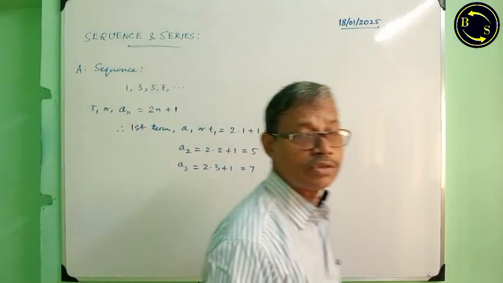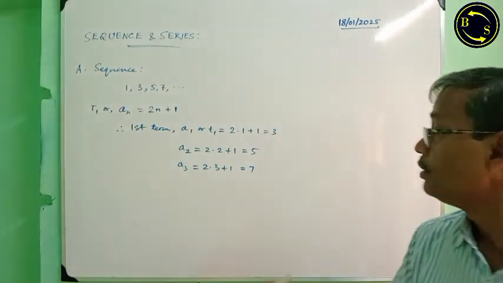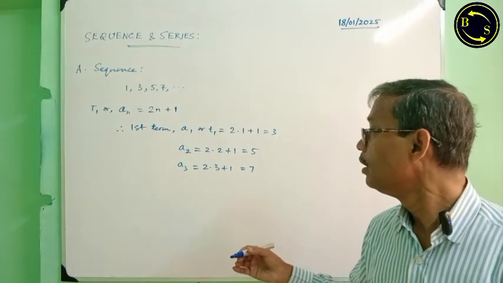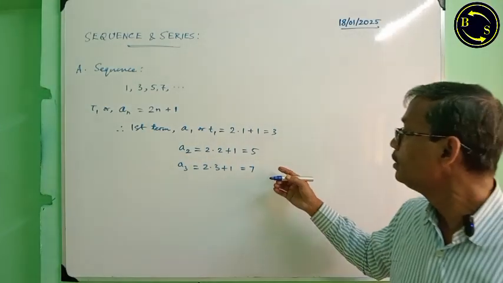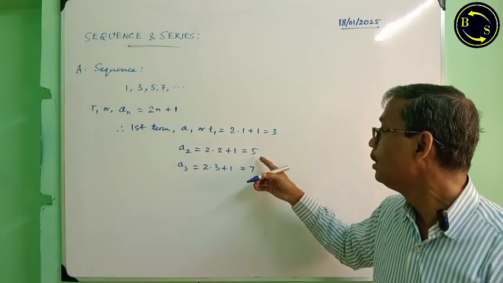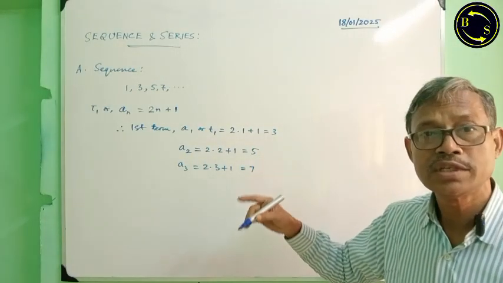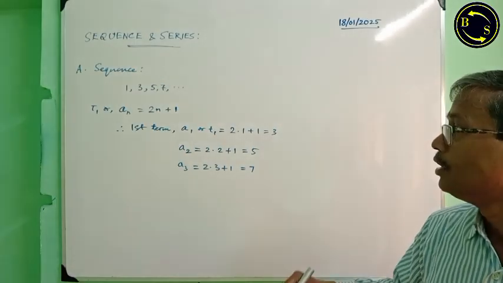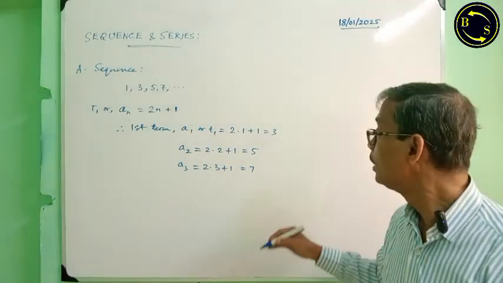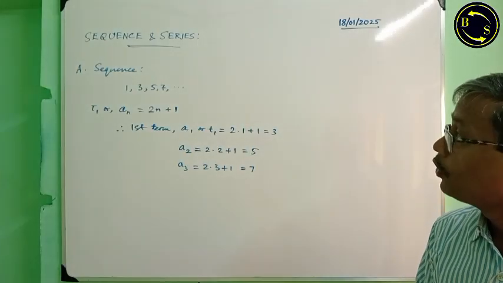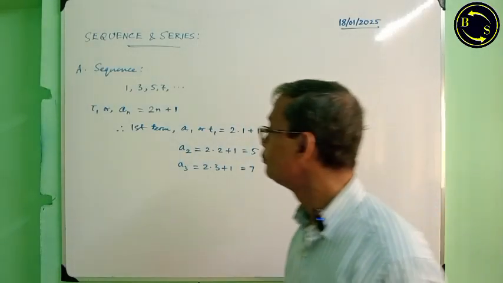We can determine different terms, fourth term, fifth term, sixth term, etc. Now, what we find is that each term is 2 more than the preceding or previous term. Hence, these numbers obtained form a sequence.